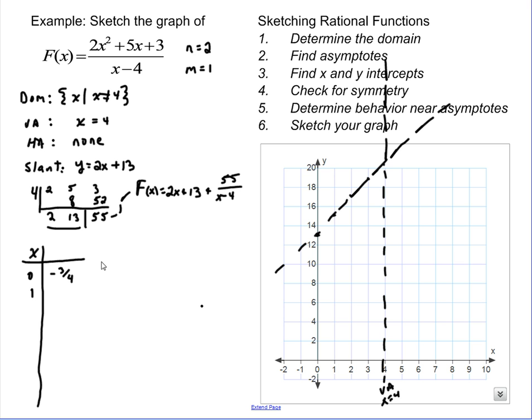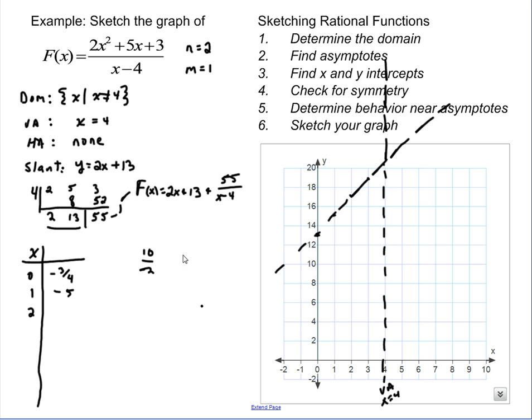At x equals 1, what happens? Well, that means 2 plus 5 plus 3, which is 10, divided by 1 minus 4, that's negative 3, so negative 10 thirds. Hmm, that's weird. All right, at 2, what's going to happen?